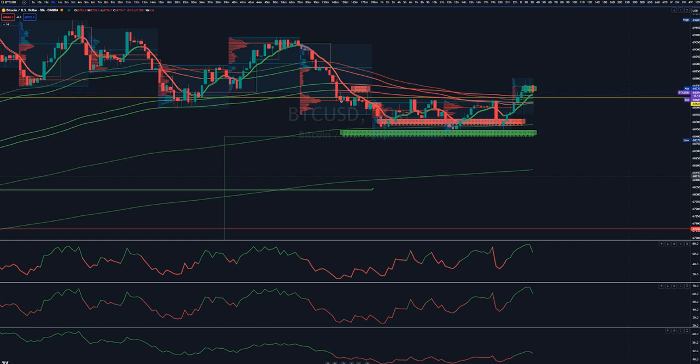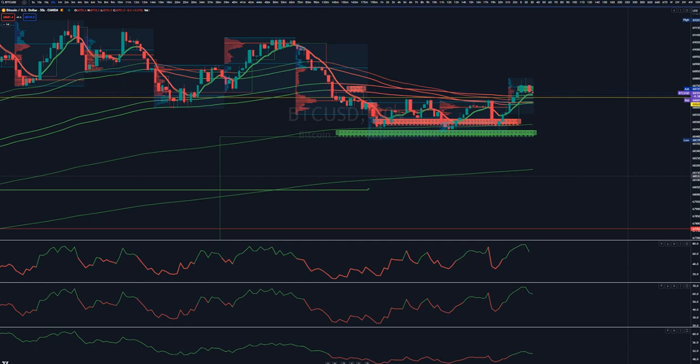It's a signal of the weakness or of the strength of the momentum, right?